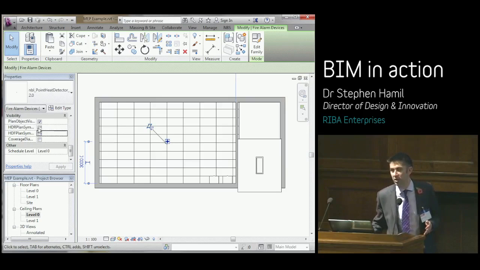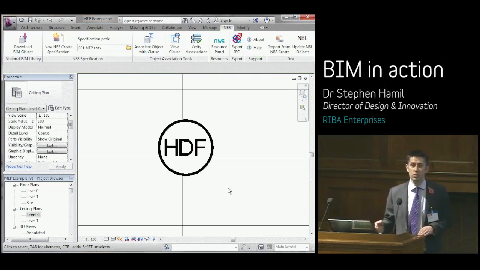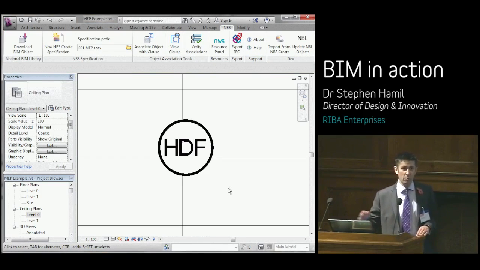And a final example here, staying on the engineering theme, here we've got a point heat detector in the space, maybe in the plant room again, and you've got the little symbols again, you toggle on and off. So here we've got a heat detector with a fixed detection rate, or maybe a rising one. So in a boiler room, you'd maybe have a fixed point heat detector, and you can indicate that there.